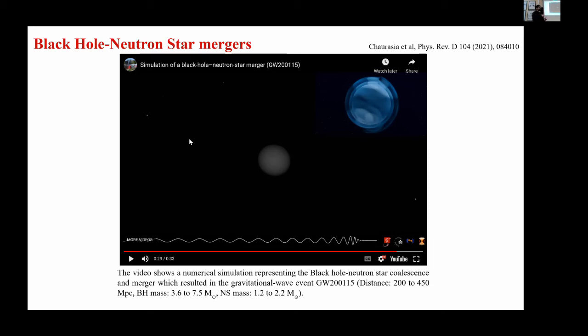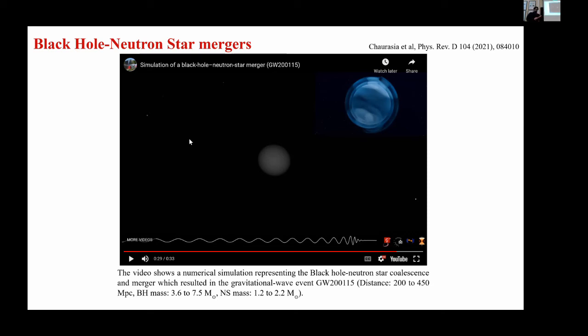If the mass ratio is quite high, where the black hole is the much more massive object, then it's just going to be a non-disrupting system. And this signal will be very close to binary black hole mergers, so one can use binary black hole models to describe this non-disrupting system.